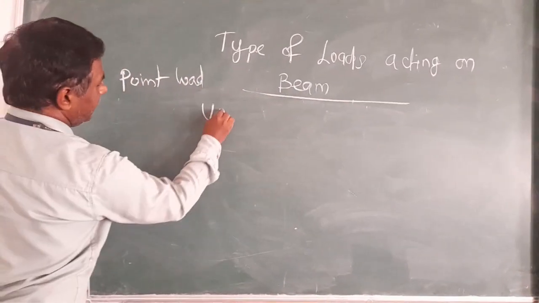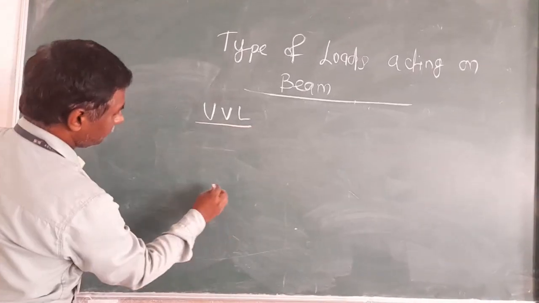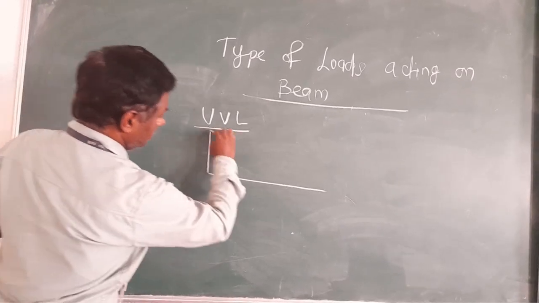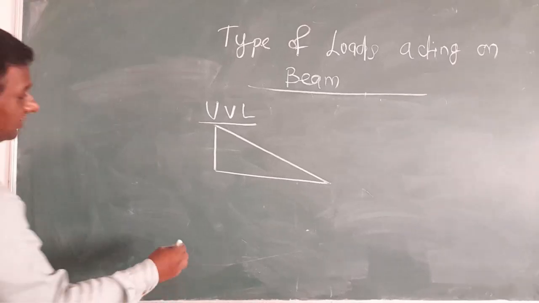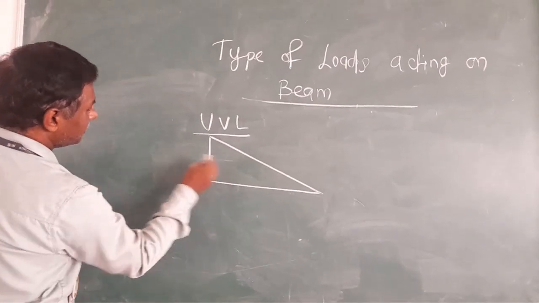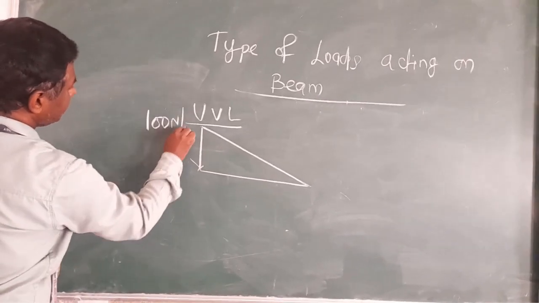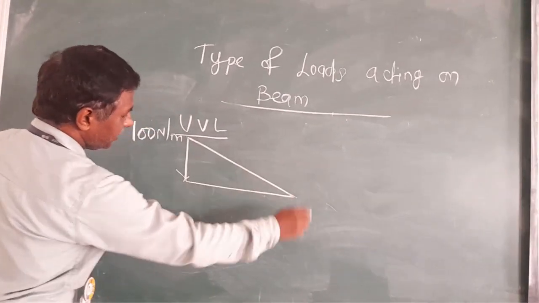So UVL, uniformly varying load. Then it is a right angle triangle. It is also a downward load, and the intensity of load I will take the same, 100 Newton per meter, and here it is 0, varying uniformly.